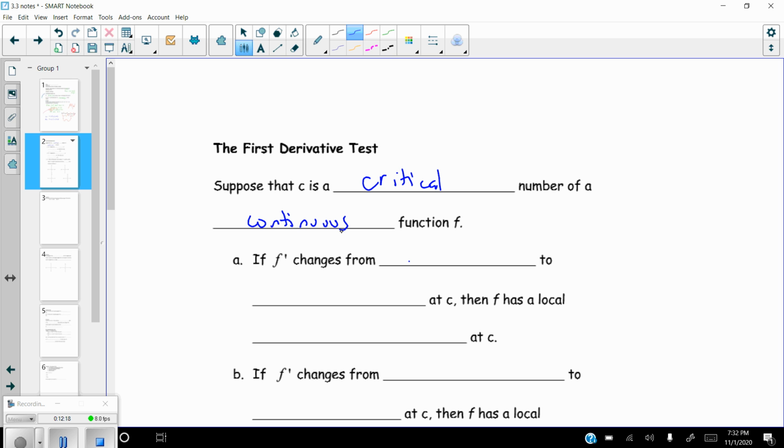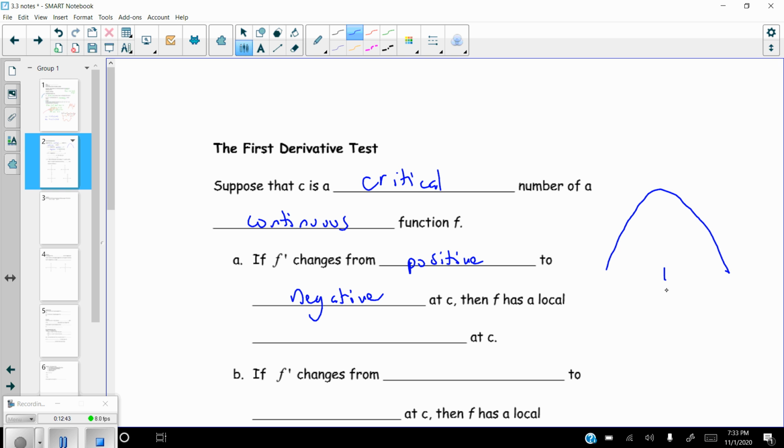If f prime, which is your slope, which tells you direction, changes from positive to negative at C. Okay, let's take a look at what that would look like. So I have a function which is going to change from positive slopes to negative slopes.